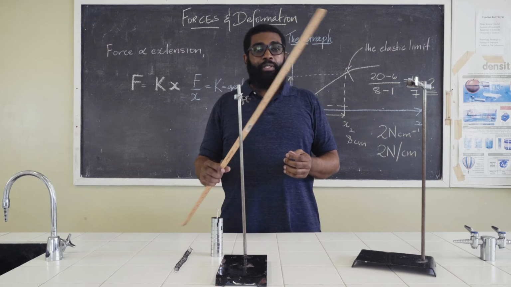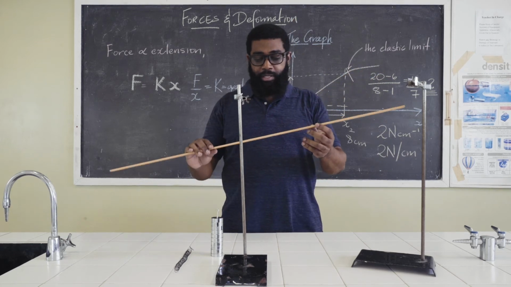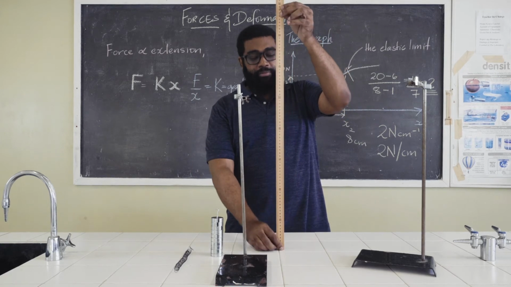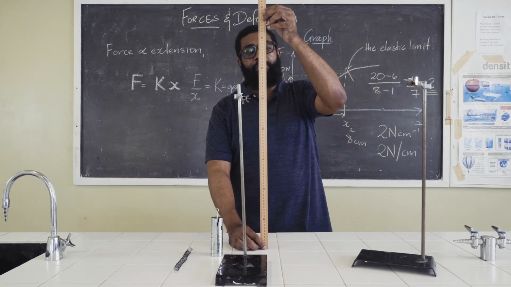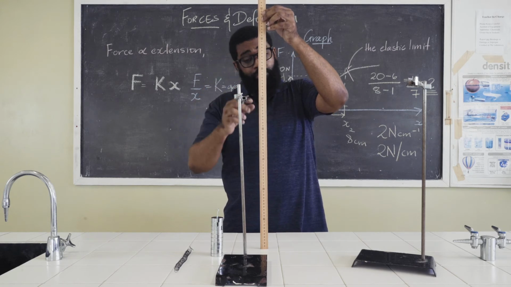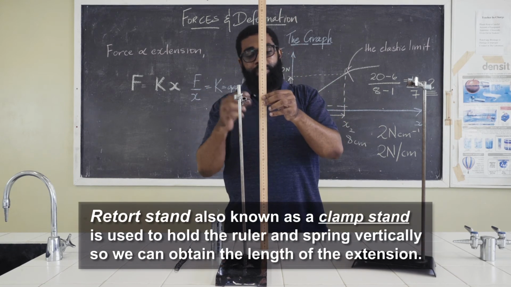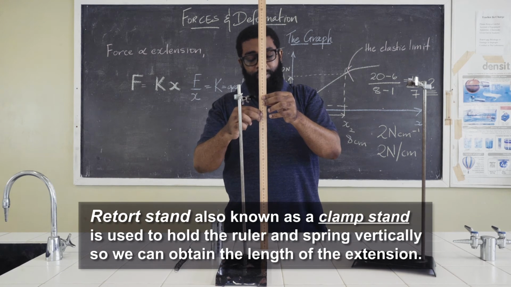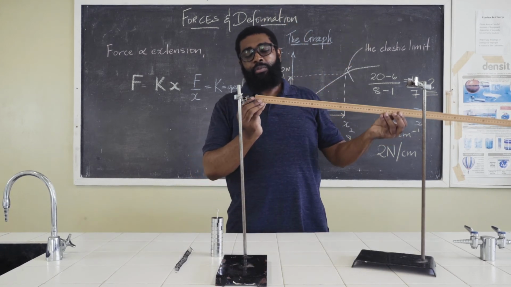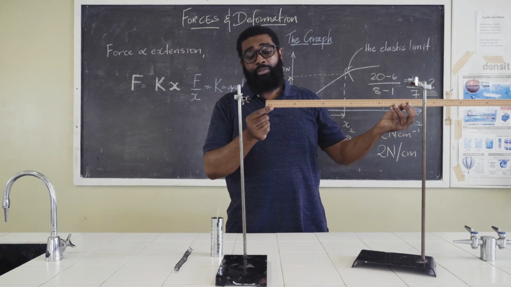The most important thing, before I forget, is we have to put this ruler vertically. Now, this is a bit of a challenge at times for two reasons. One, you need a retort stand with a clamp that can actually hold the ruler vertically. And the other problem is many times the edge of the ruler in and of itself is not straight or square.